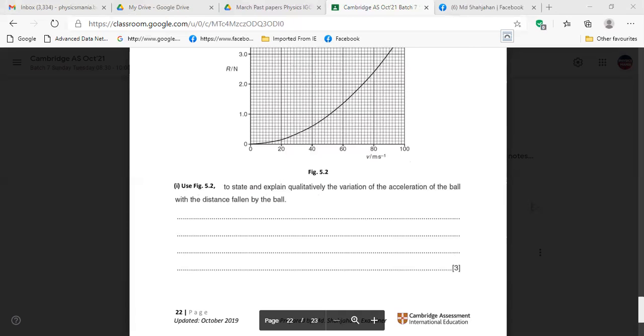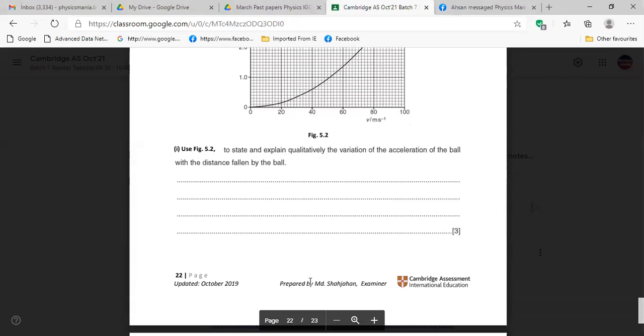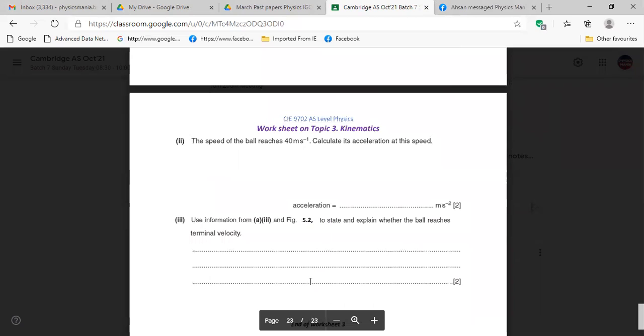Now you can do it. You already got the formula, right? Yes, sir. So the speed the ball reaches is 40 meter per second. Calculate its acceleration at this speed.